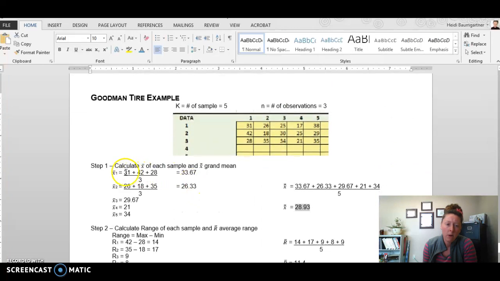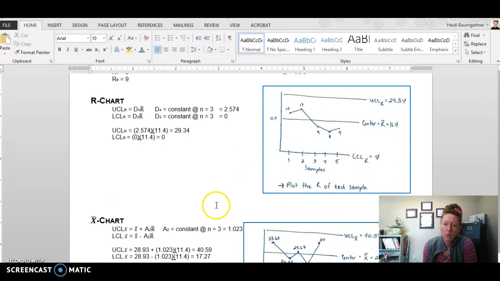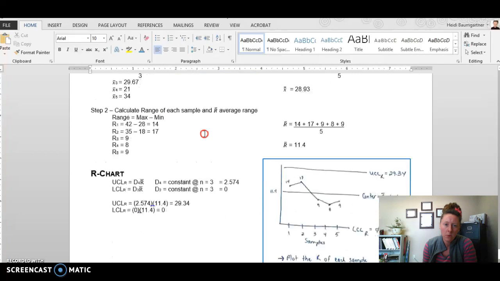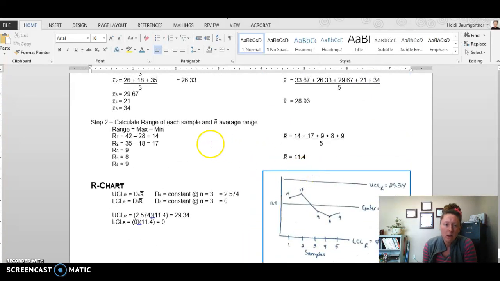We go back up here, 33.67. I think I have math wrong here. 26, 18, and 35 divided by 3 is, no, that's right, 26.33. The third point, 29.67.